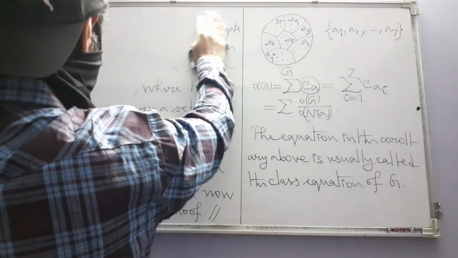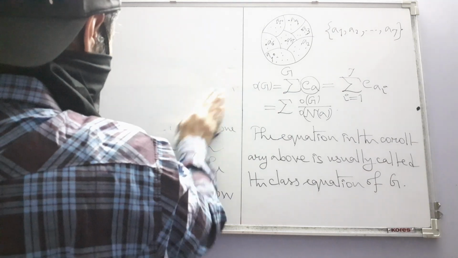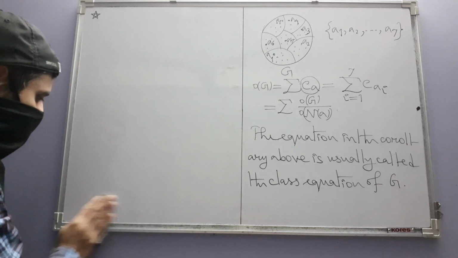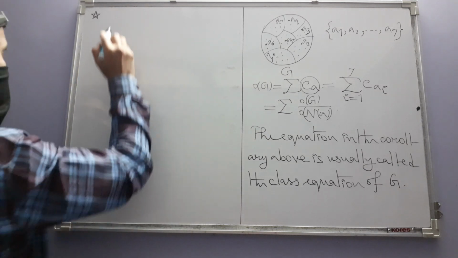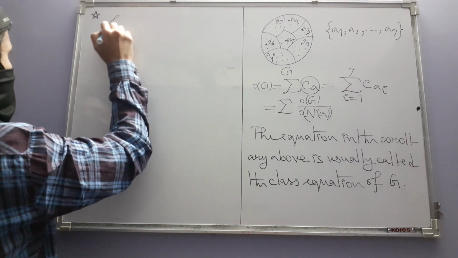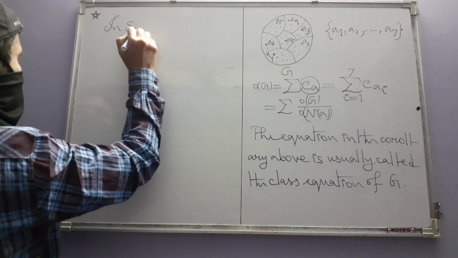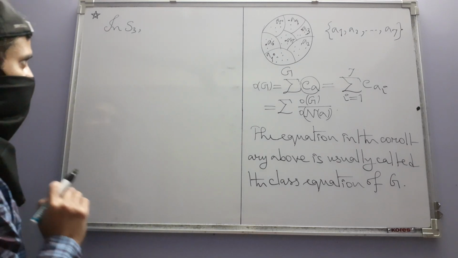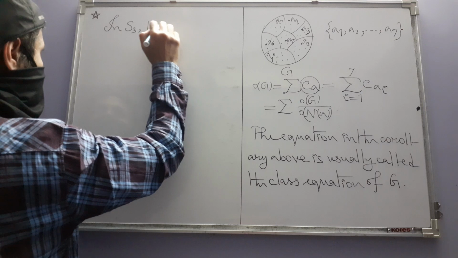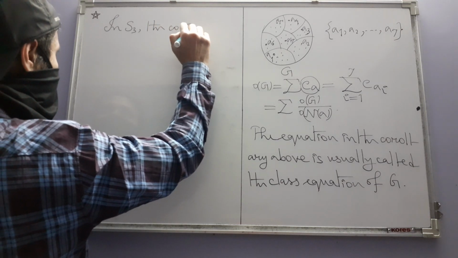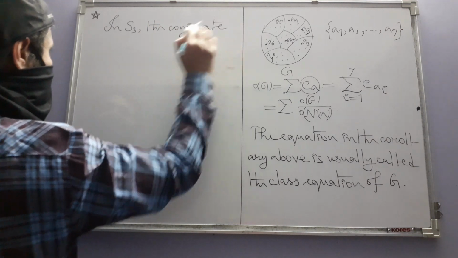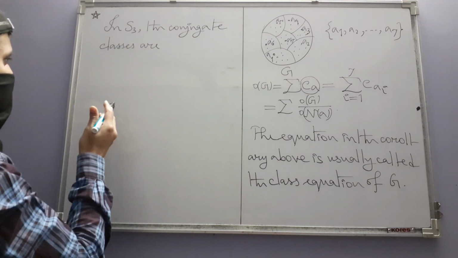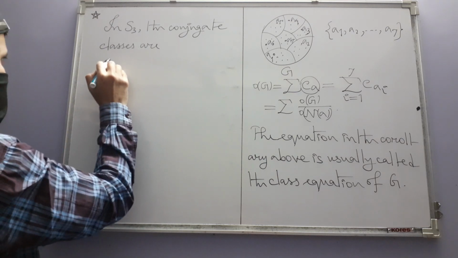Now, before we end things for tonight, let us see this whole thing in a specific group. You look at S3, the non-abelian group S3, the conjugate classes are these, which one can verify.